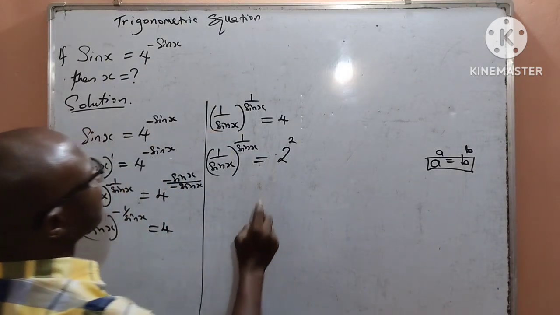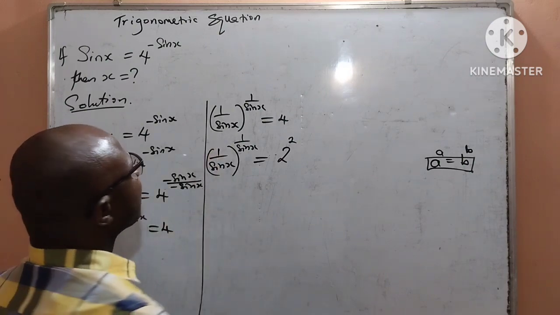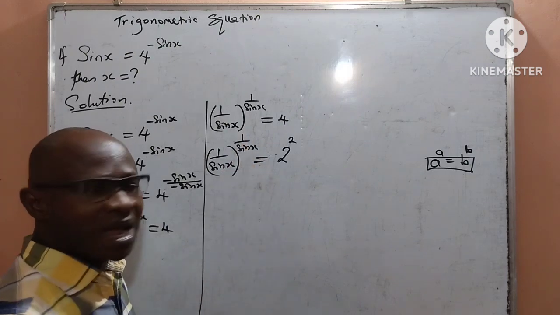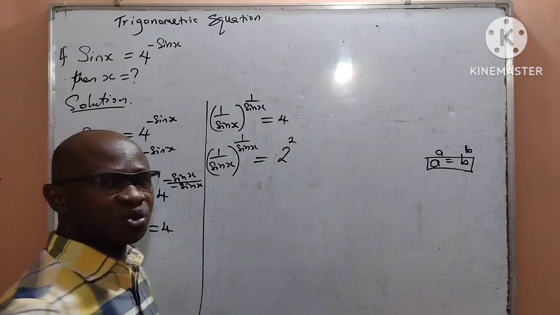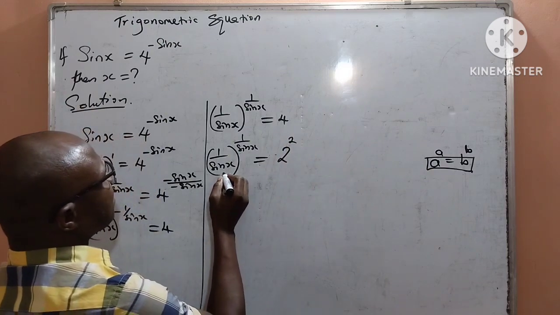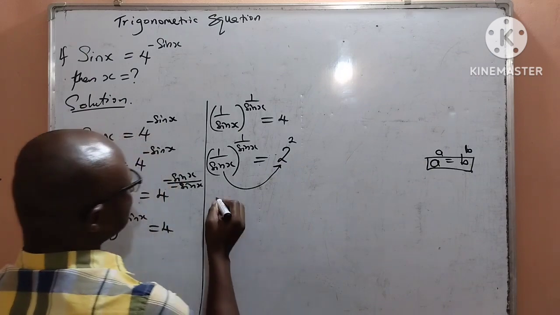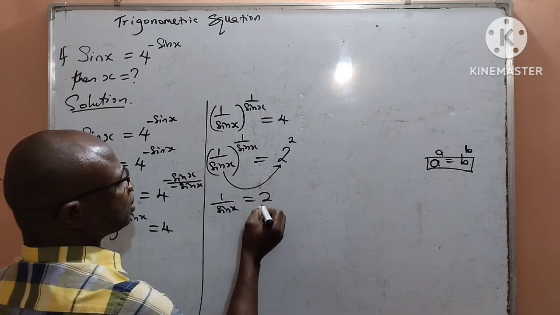The same thing can happen here. The base on the left is 1 over sine x, and the power on the left is 1 over sine x. And on the right hand side, the base is 2, the power is 2. So we can now conclude that the base on the left is equal to the base on the right, which means that 1 over sine x is equal to positive 2.